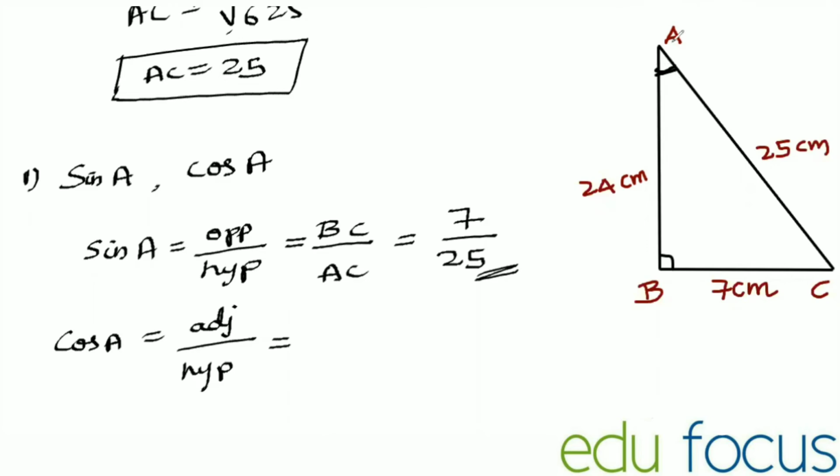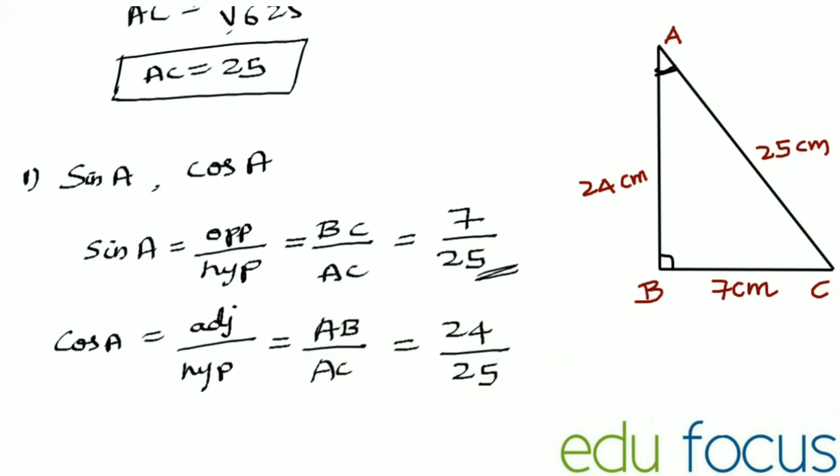So adjacent is AB, divided by hypotenuse AC. AB is 24 centimeter and AC is 25 centimeter. So this is what we got for sin A and cos A.